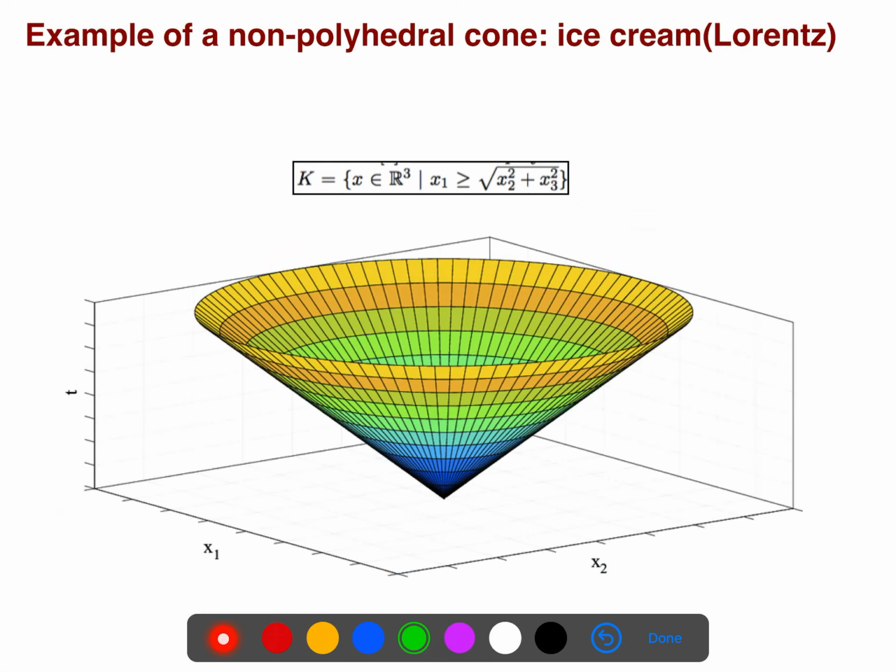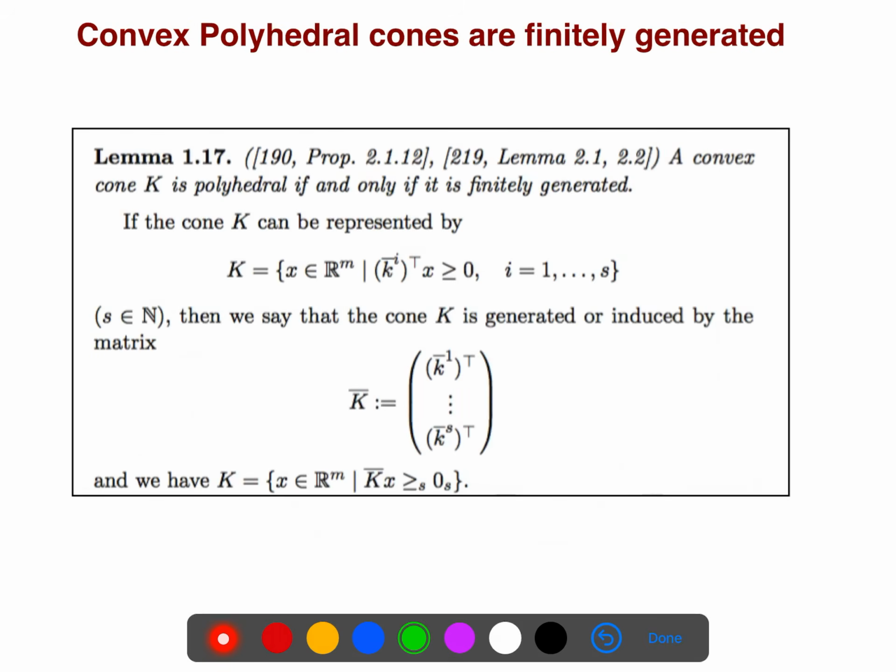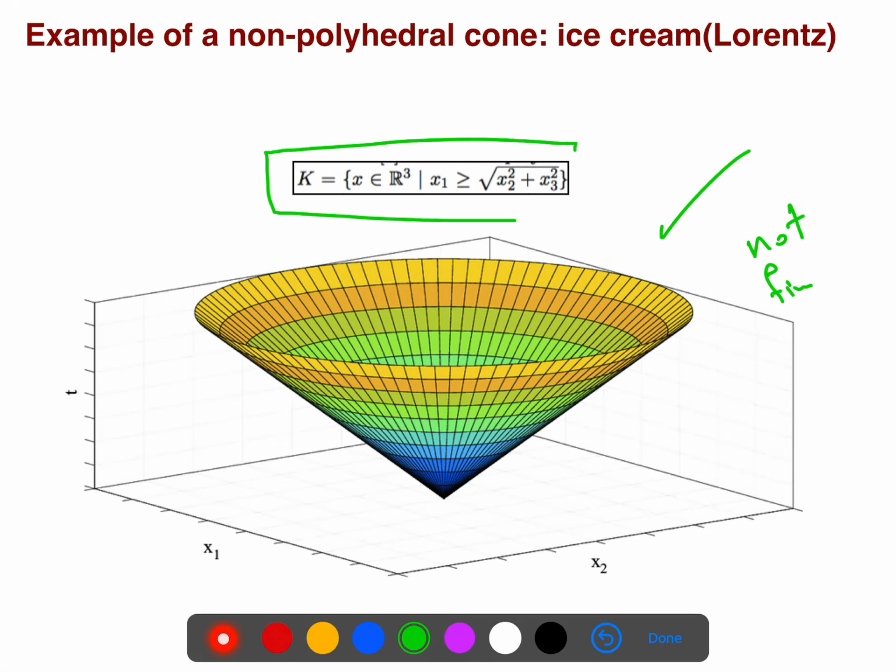And this is an example of a cone which is not finitely generated. You need an infinite number of rays to generate it. And you have seen that I use one of the tricks to formulate the Markowitz problem using this one.